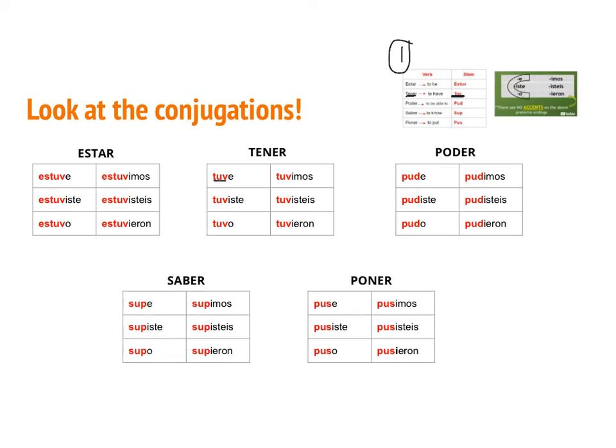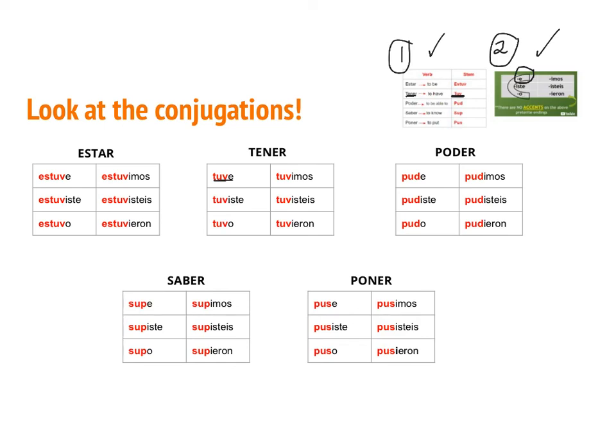So you write tuv, and then you use the ending for the yo form, which is only an I. So you say tuve. Señora, yo tuve un perro cuando era niño. So those are the steps you take. Change the stem and then add the ending.